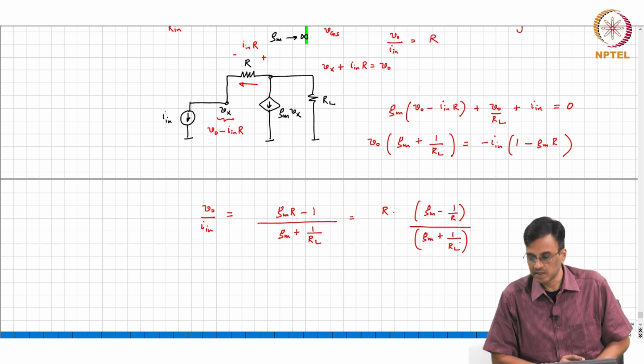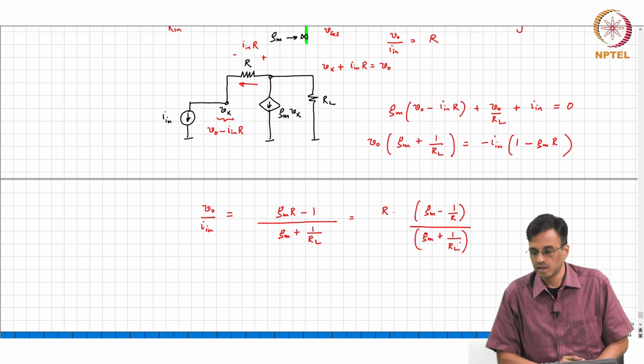What is considered a large Gm? Sanity check. As Gm tends to infinity, the transresistance becomes R.